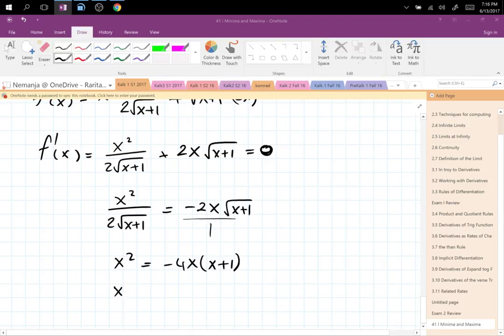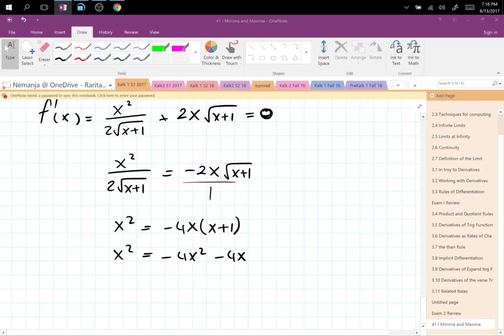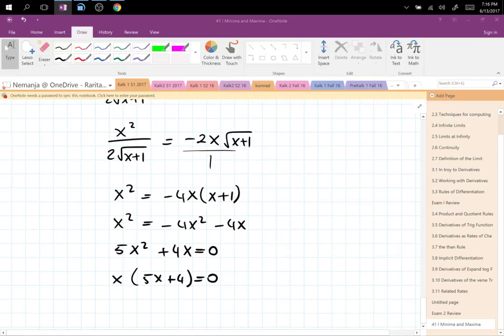So x squared is equal to negative 4x squared minus 4x. Then 5x squared plus 4x equals 0. We factor out x: 5x plus 4, from where x is equal to 0 and x is equal to negative 4/5.